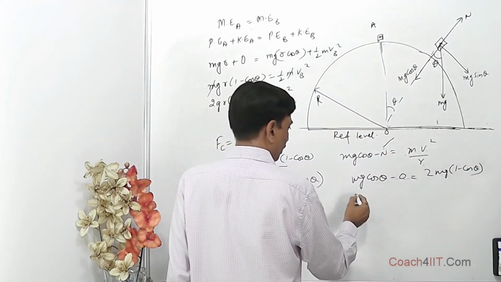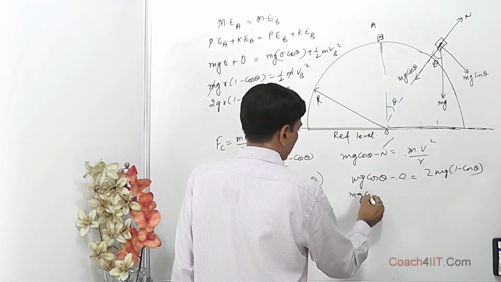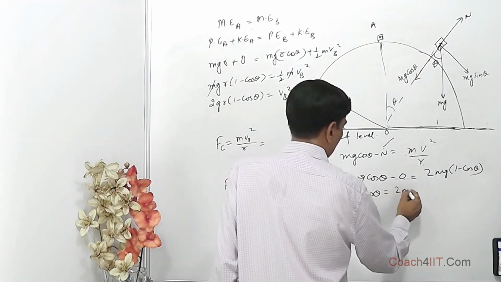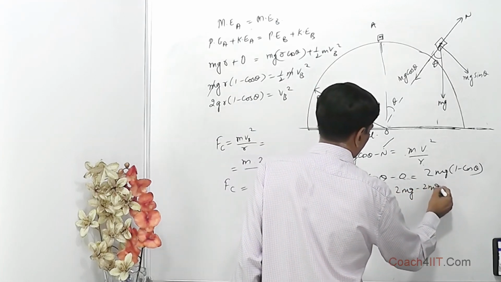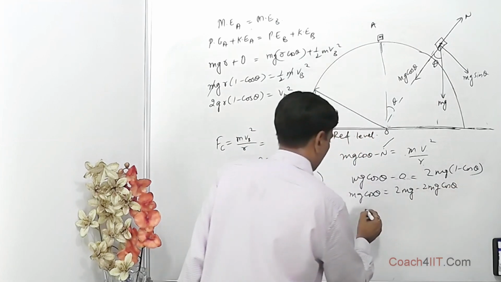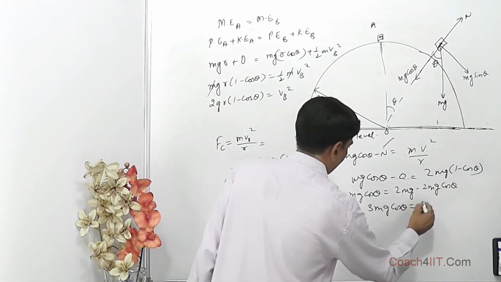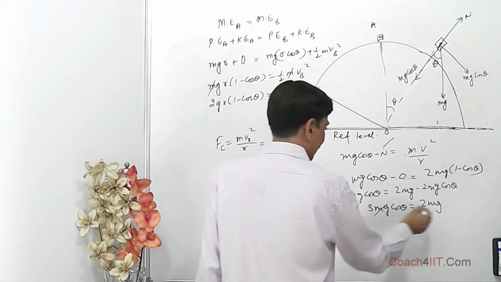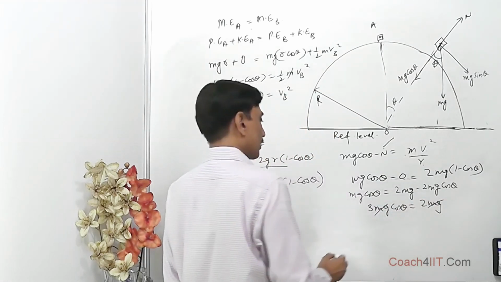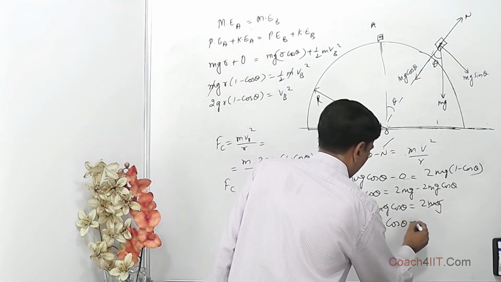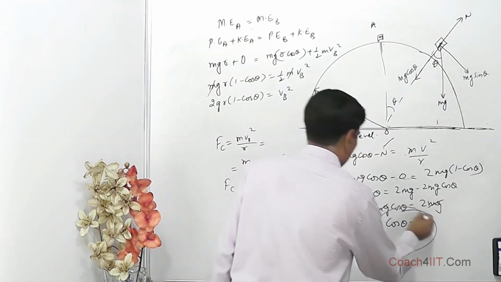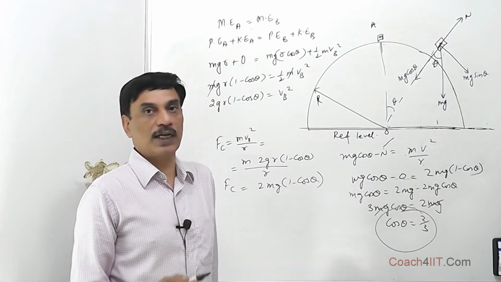This comes out to be mg cos theta is equal to 2mg minus 2mg cos theta. So 3mg cos theta is equal to 2mg. mg is not equal to 0, so we can cancel it. So cos theta comes out to be 2 by 3, or theta is cos inverse 2 by 3.